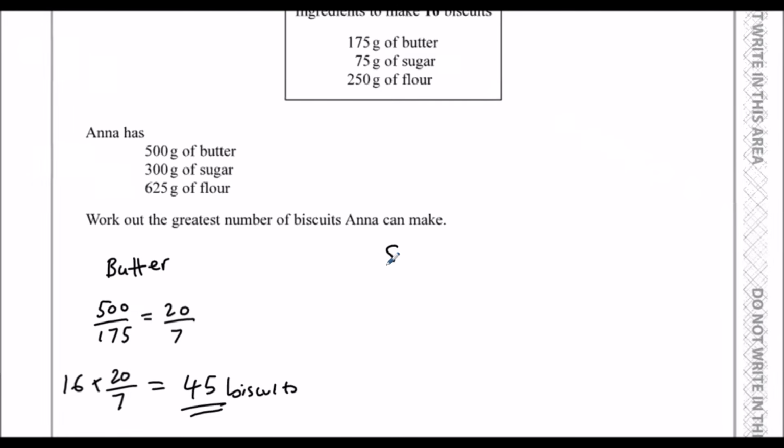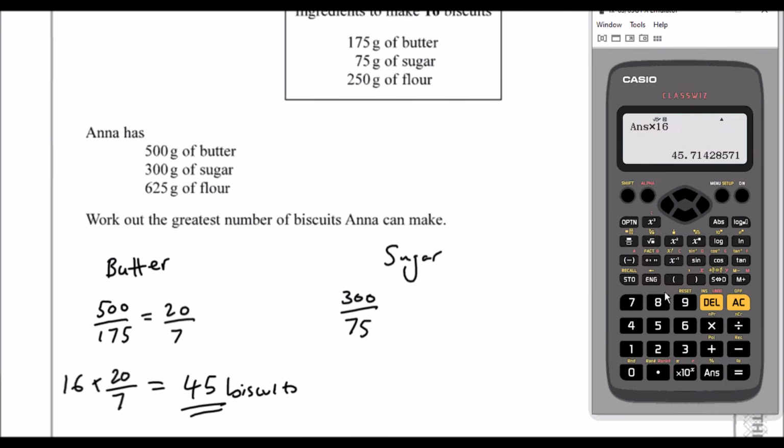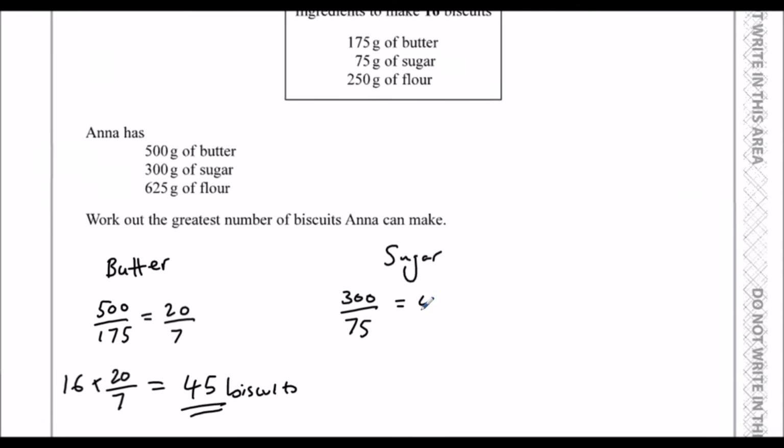For sugar, so 350 over 75, which is 4, and then 4 times 16 is 64, so we've got enough sugar for 64 biscuits.